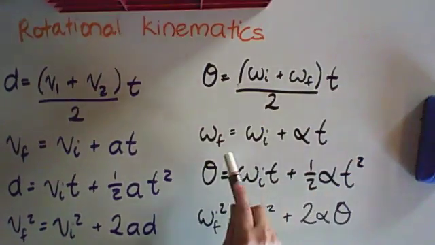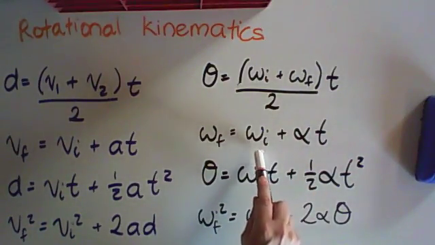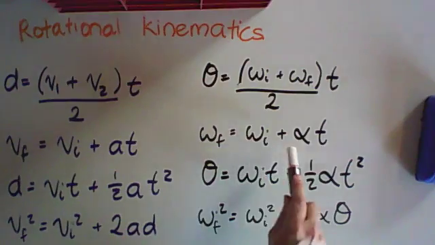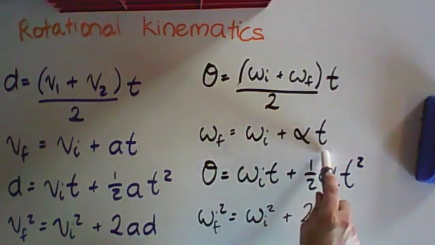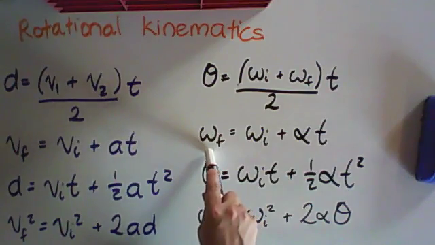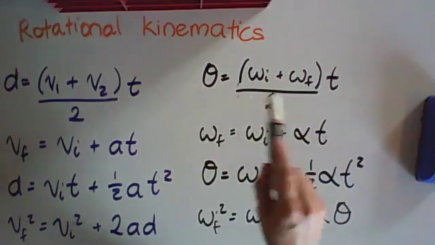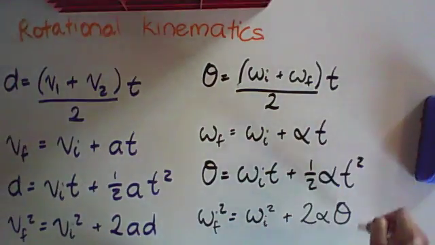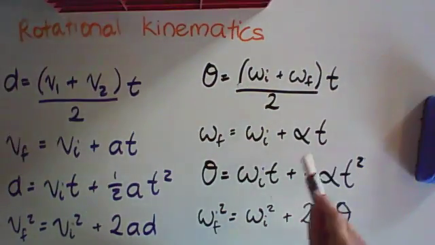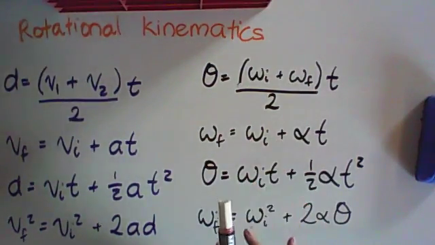The second one here, if we know how fast something was spinning to start with, and we know how much the rate of spinning is increasing and for how long, we can work out how fast it's spinning at the end. So this here we're going to do a lot of practice in class, but this is just using a new conceptual framework, a new language to explain something we're already really familiar with. So I hope this isn't going to be too much of a problem.